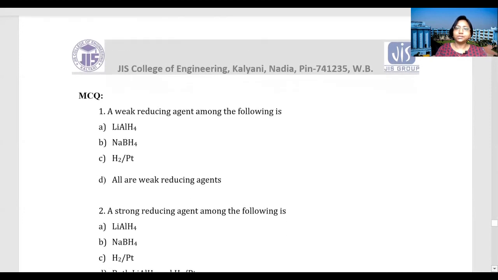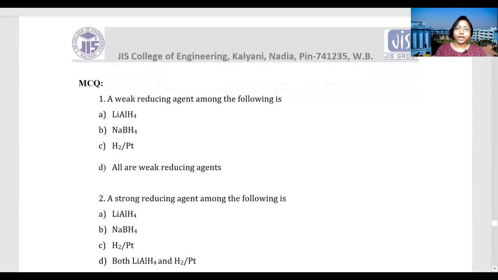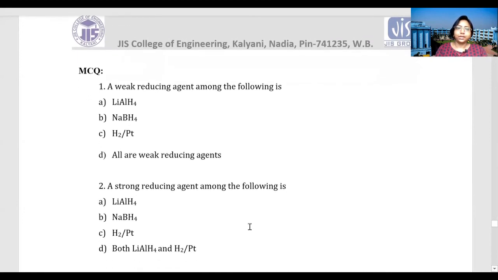So I have given some MCQs, and here you see the first one: a weak reducing agent among the following is which one? Option A, option B, option C, option D. You check this: LiAlH4, NaBH4, H2 or platinum.